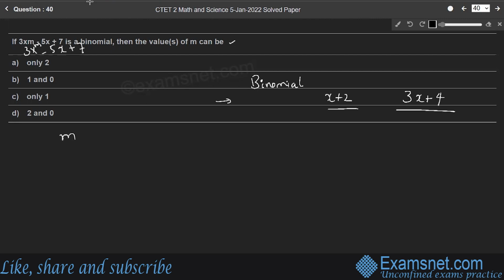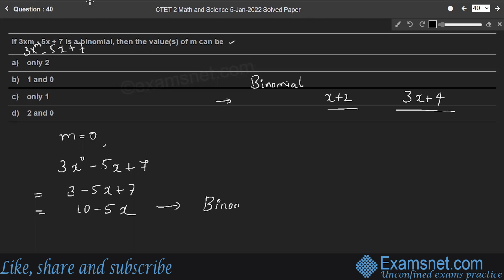If m is equal to 0, then the given expression becomes 3x to the power of 0 minus 5x plus 7. So x to the power of 0 is 1. So 3 minus 5x plus 7. So it becomes 10 minus 5x, a binomial, which has two terms.